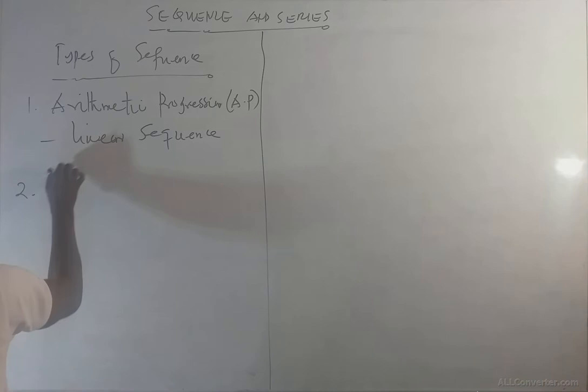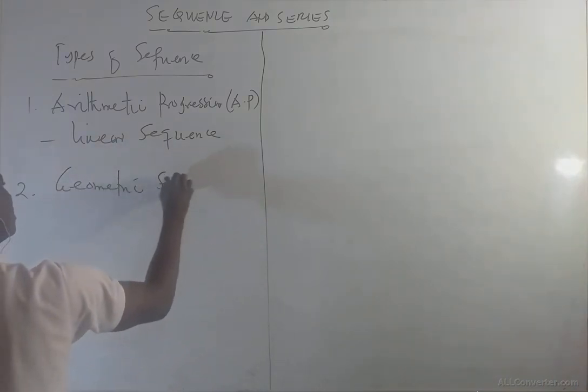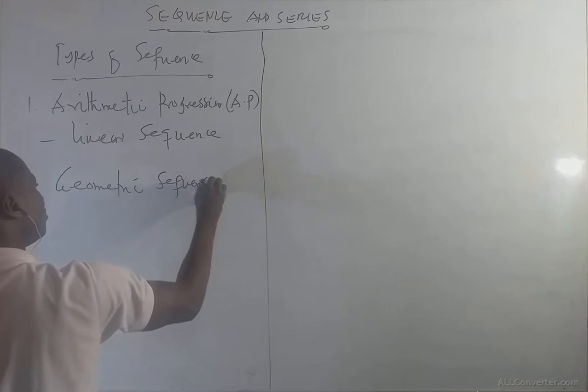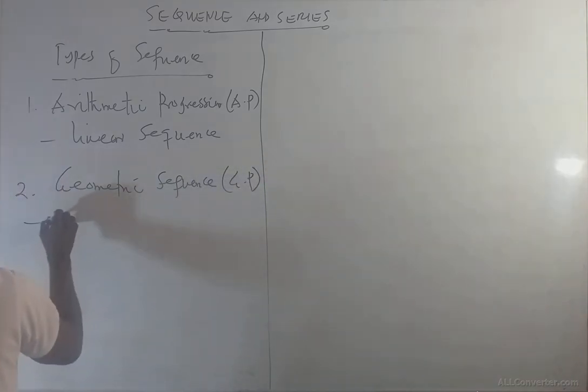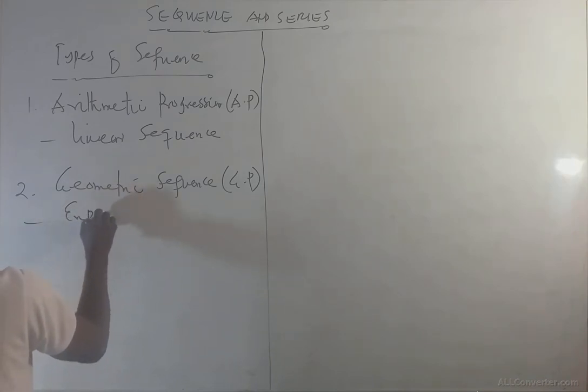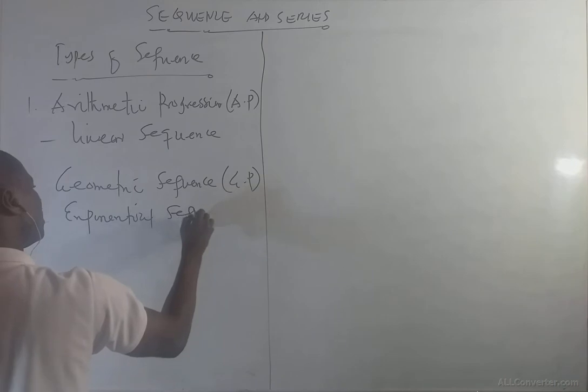Then we also have the geometric sequence, which we also call the GP, or the exponential sequence.